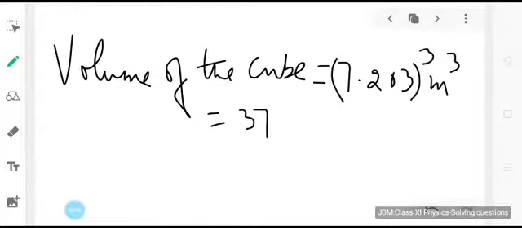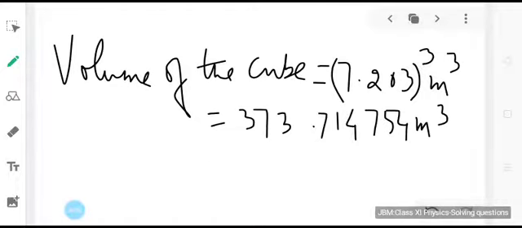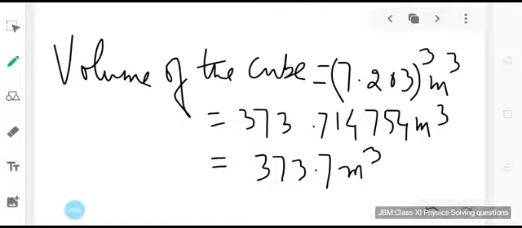That will give you 373.714754 cubic meter, and on rounding off you will get 373.7 cubic meter. So in this manner you can solve a couple of questions based upon the concept of significant figures and rounding off, and the more you practice the better idea you will get regarding the rules that need to be followed in this context. Thank you.